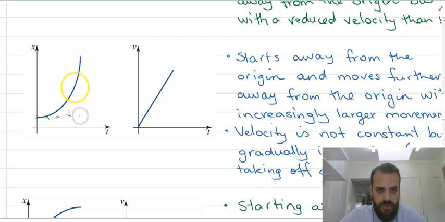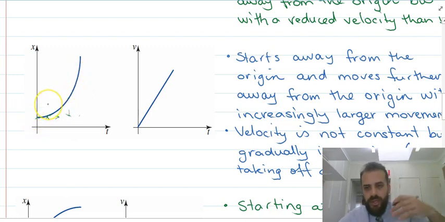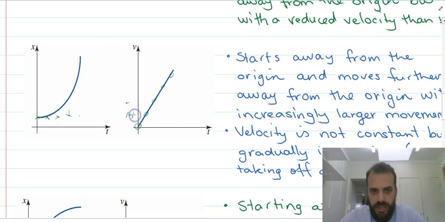Time 3 to time 4, more again. So I'm accelerating. And due to the nature of this curve, I'm accelerating at a constant rate. So my velocity starts slow, then my velocity is greater, then greater, then greater, then greater again. So 1 meter per second, then 2 meters per second, then 3 meters per second, then 4 meters per second. I'm getting faster and faster and faster as I go.